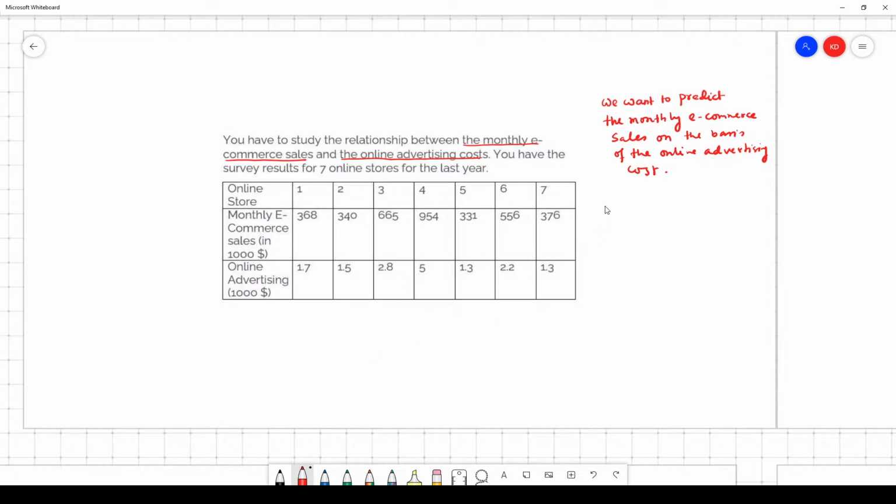So here, the independent variable or regressors is online advertising.